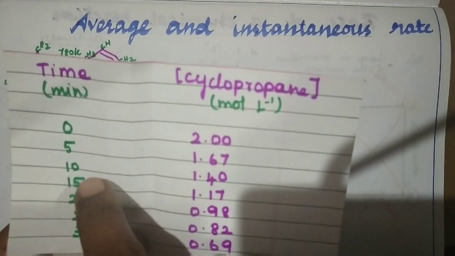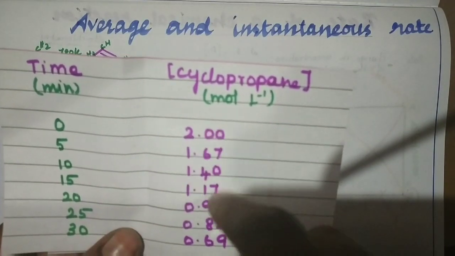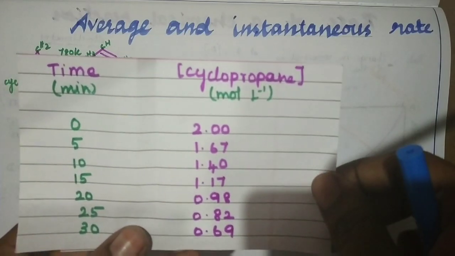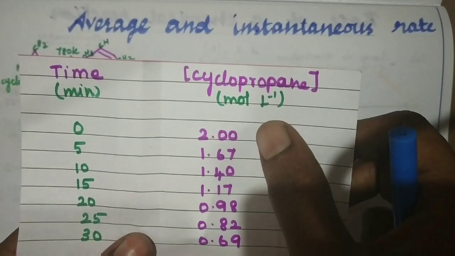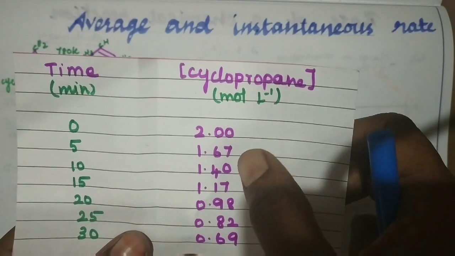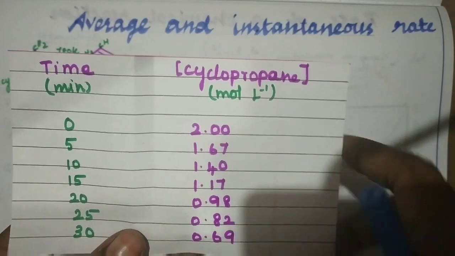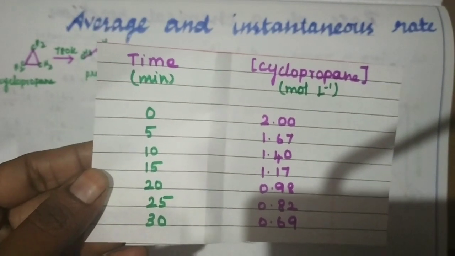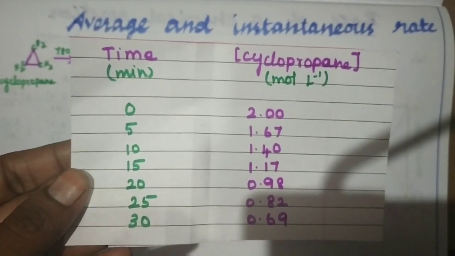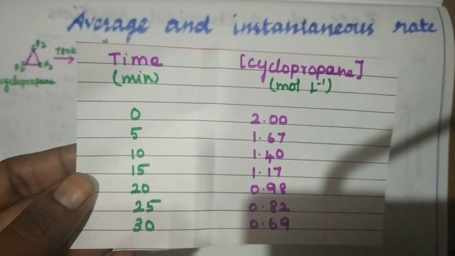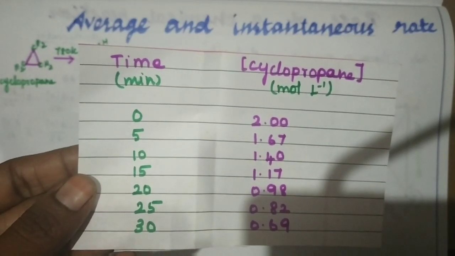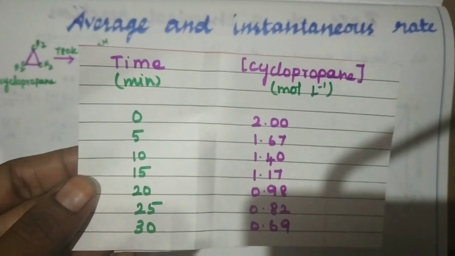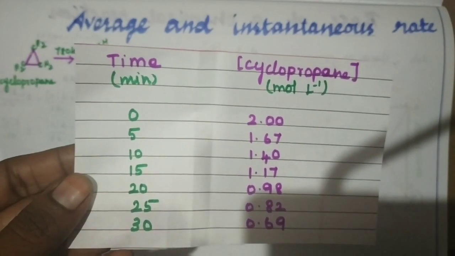Here 0, 5, 10, 15 increases, but the concentration of cyclopropane decreases. First is 2, then 1.67, 1.40 like that. Therefore, during the time interval, as time increases the concentration of the cyclopropane decreases.